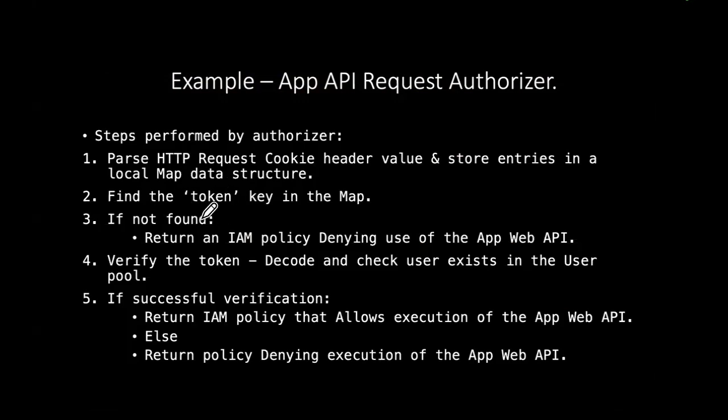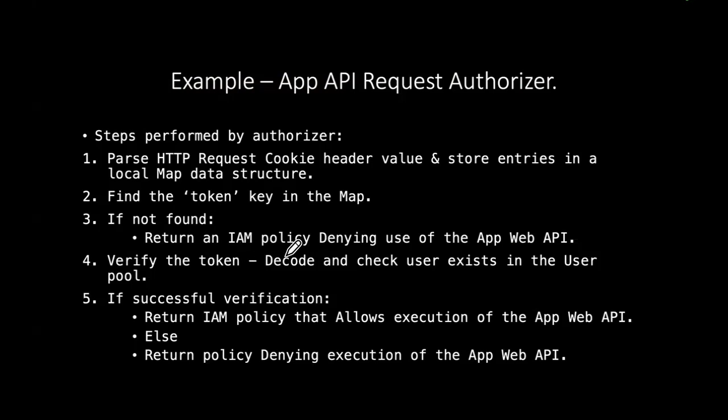Of course, if I don't find it, then I create an IAM policy dynamically, which denies access to the backend, and that's the policy that I pass back to the web API. If it gets to here, we now have a JWT token, but we still have to get the Cognito service to validate it.